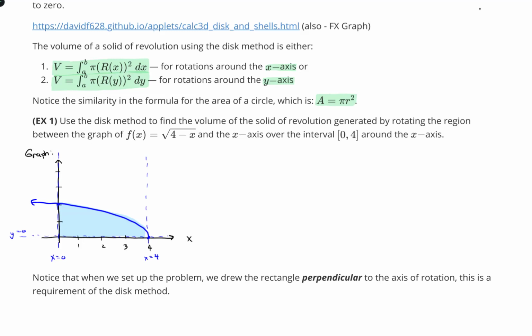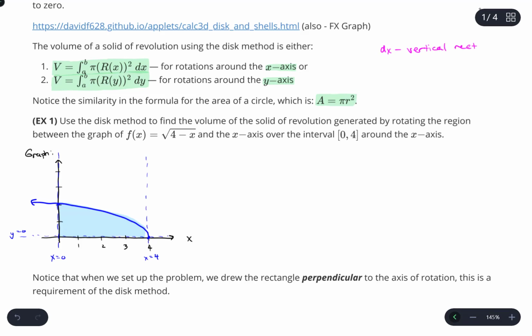One thing to keep in mind is if you choose rectangles that are oriented vertically, then you will be integrating dx. If you are orienting your rectangles horizontally, then you will be integrating dy.